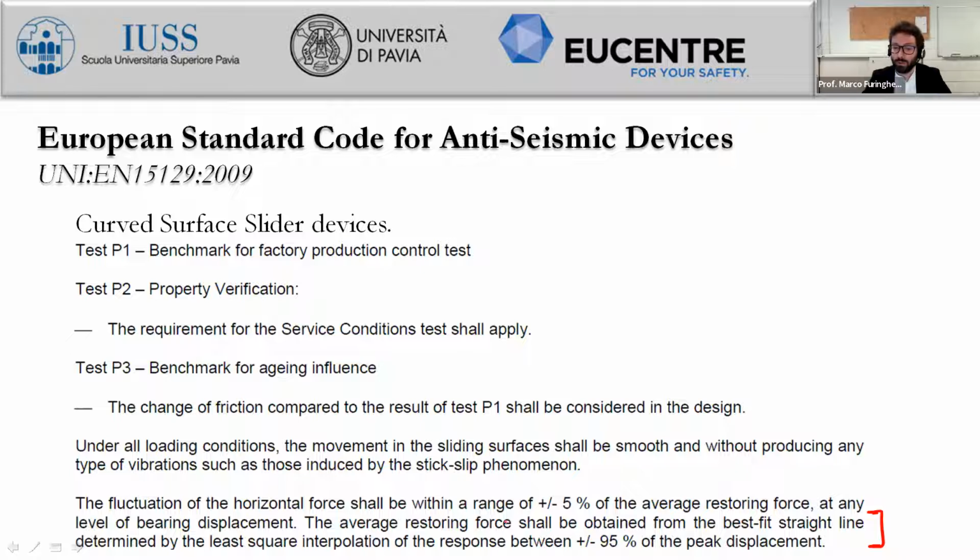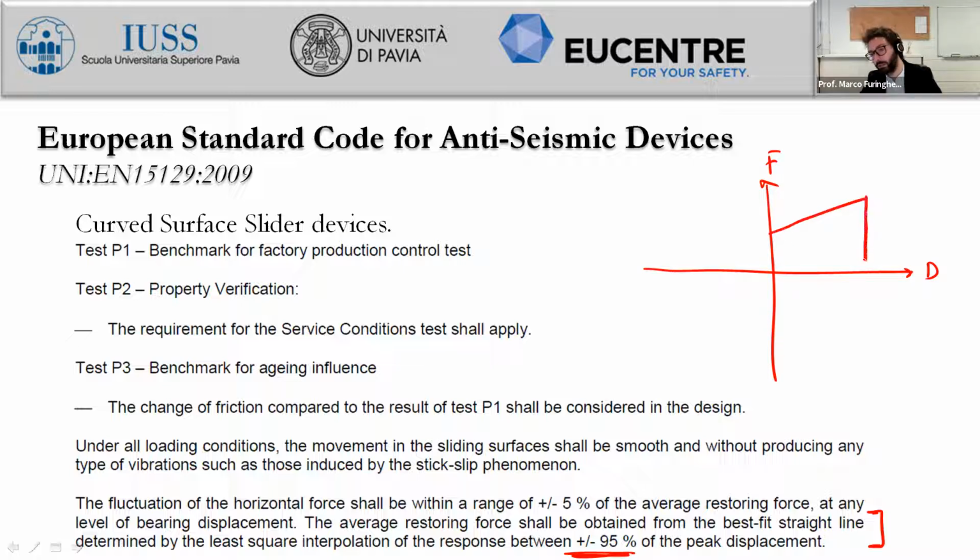The average restoring force shall be obtained from the best fit straight line determined by least square interpolation of the response between plus and minus 95% of the peak displacement. So this means that we have our force displacement loop, something like this.